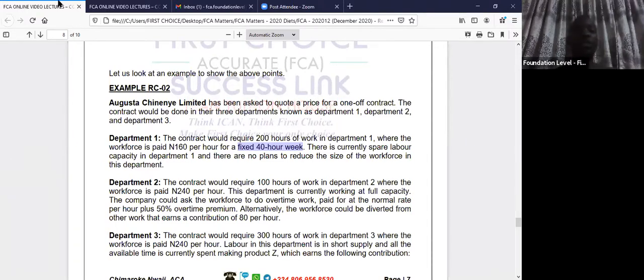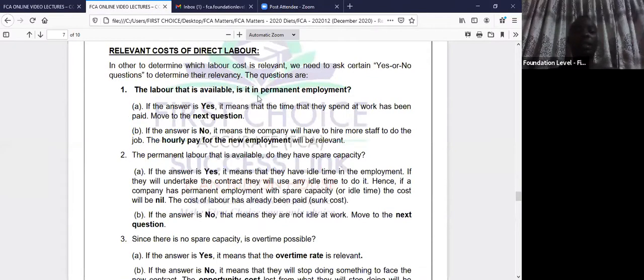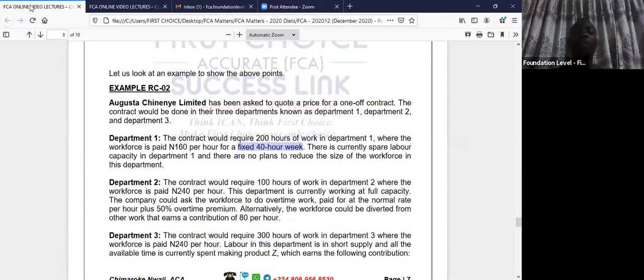So the next question to ask, because we said when we answered yes, the next thing is to move to the next question. The permanent employee or permanent labor, do they have spare capacity? So let's read on. There is currently spare labor capacity in Department 1.